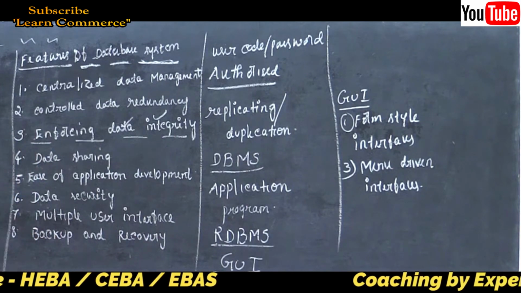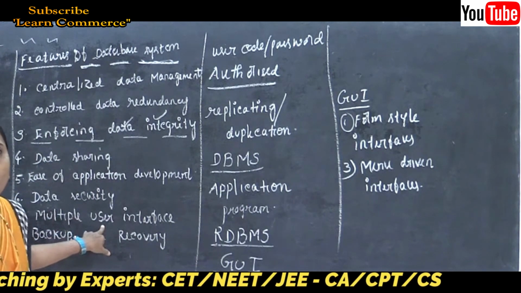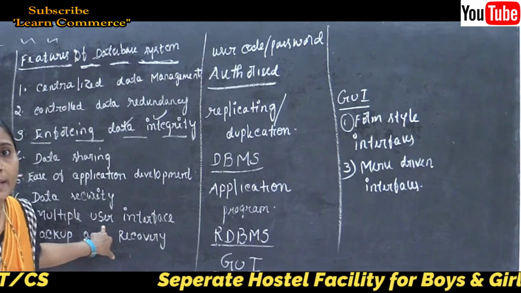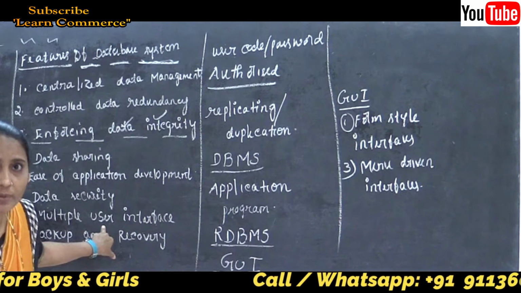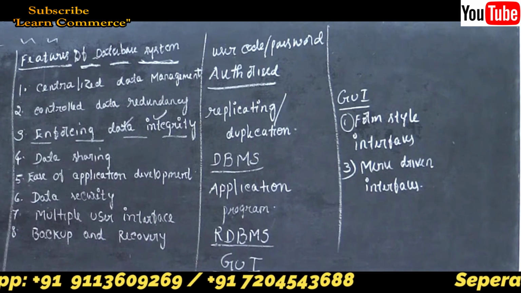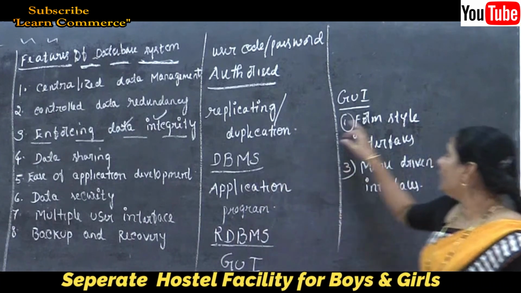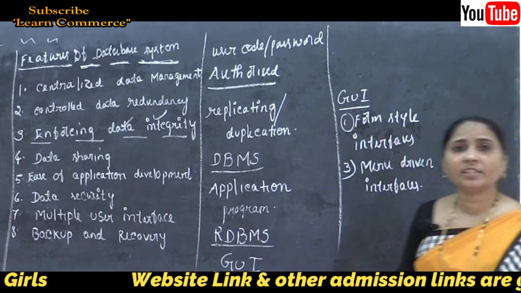We are in the concept of multiple user interfaces, so the third example is graphical user interfaces, which have two types: the form style interfaces and menu driven interfaces.